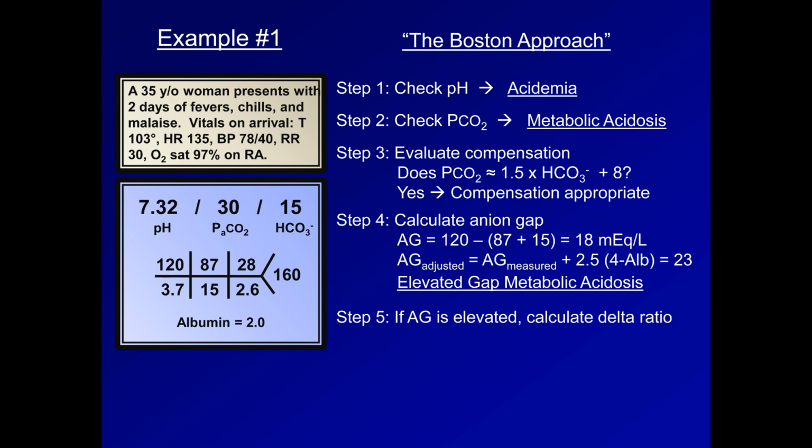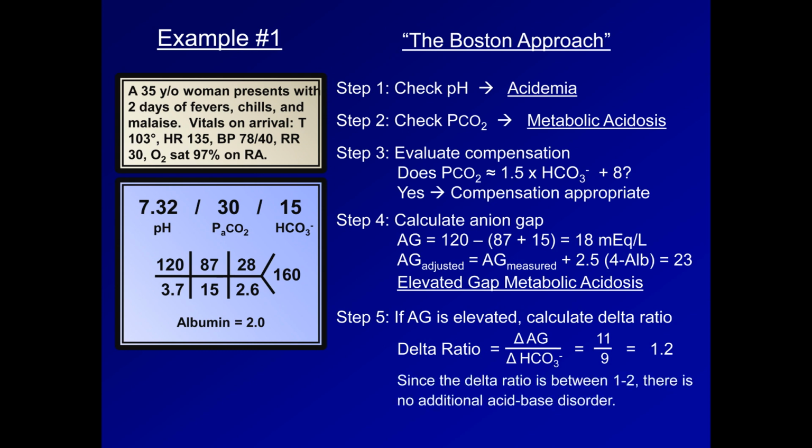As reviewed in lecture 6, this is equal to the change in anion gap from normal divided by the change in bicarb from normal. For this patient, this works out to be 11 divided by 9, or 1.2. Since the patient probably has lactic acidosis, a delta ratio between 1 and 2 is what we would expect to see, and thus there is no additional acid-base disorder present. Thus, our final acid-base diagnosis is a simple, elevated anion gap metabolic acidosis.